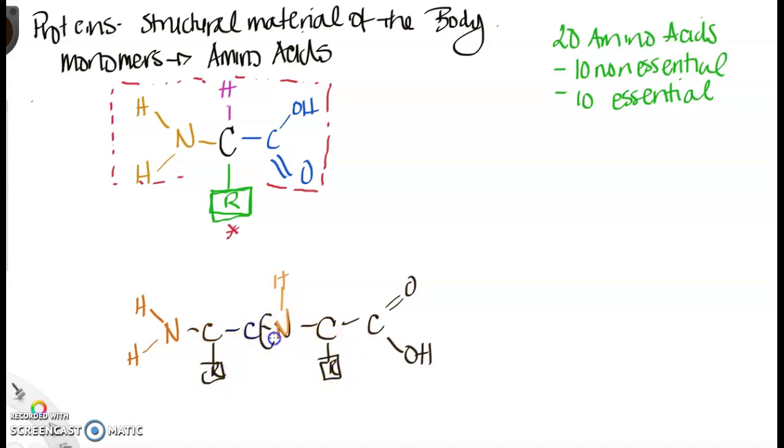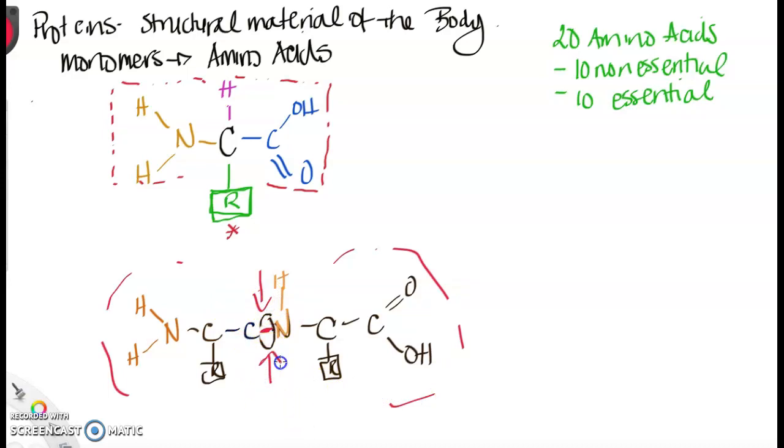So this bond right here, I'll just put that in red. This bond here is what bonds the two amino acids. This is an amino acid over here, and here's an amino acid over here, and it's bonded at this bond.